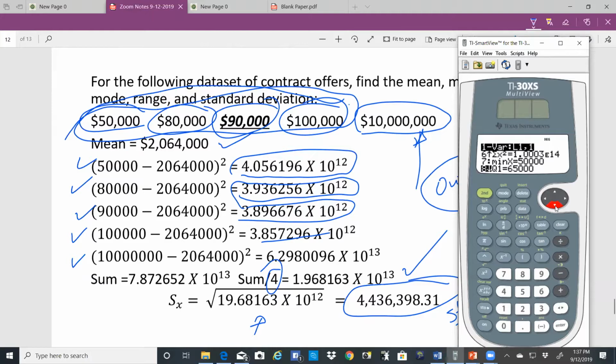It's got the first quartile, 65,000. It's got the median, which was 90,000. Notice the median was easy to see here because it's the one right in the middle. Third quartile is 5,050,000. And the maximum is 10 million.